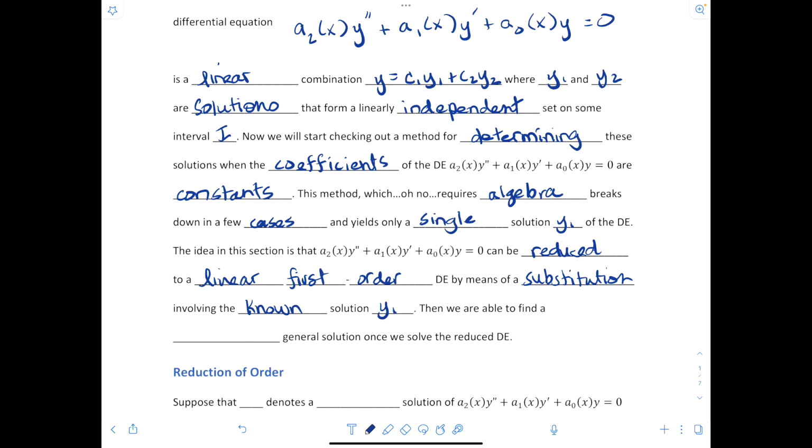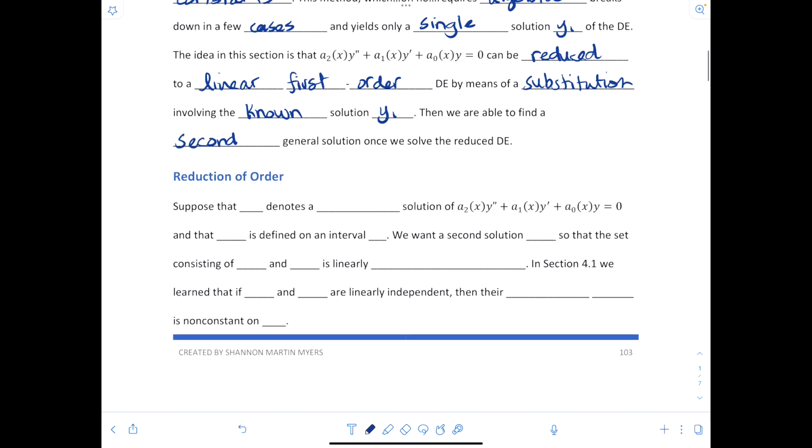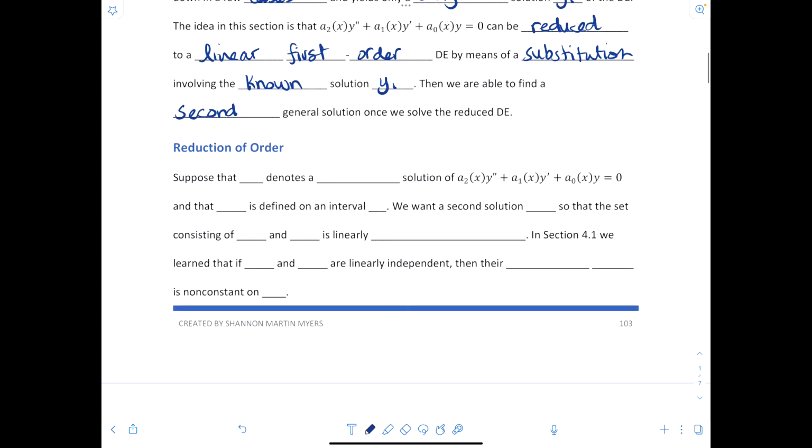Then we are able to find a second general solution once we solve the reduced differential equation. All right, reduction of order.